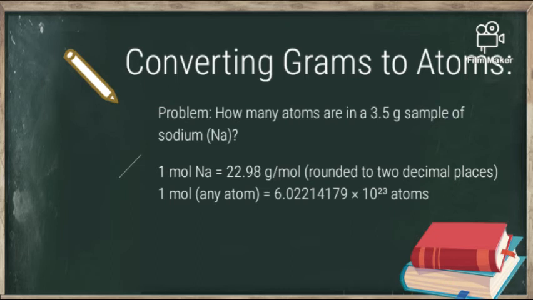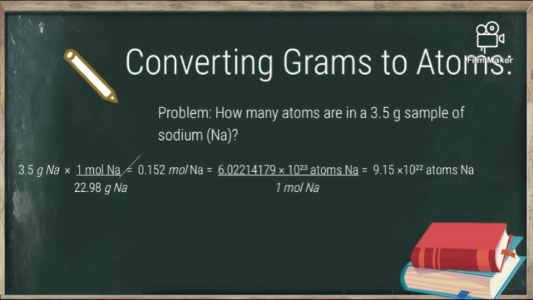We also know that 1 mole of any atom, for this situation, sodium, is equal to 6.022141179 times 10 raised to the 23rd power number of sodium atoms. If you want to solve it on your own, please pause as usual.